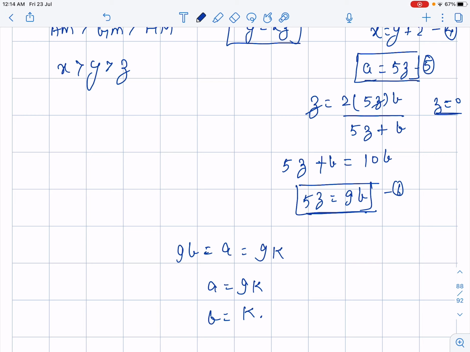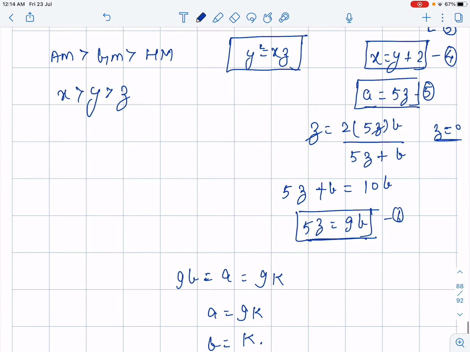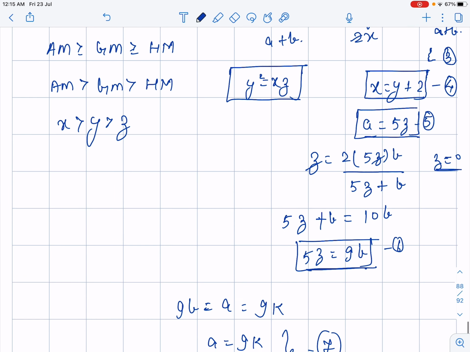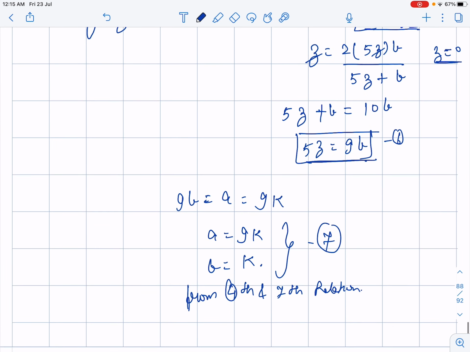Guys, do we have a relationship between x and y? Yeah, we have. x minus y is equal to 2. Let us assume this is the 7th relation I got. From the 4th and 7th relation, x is equal to y plus 2 was given to us.